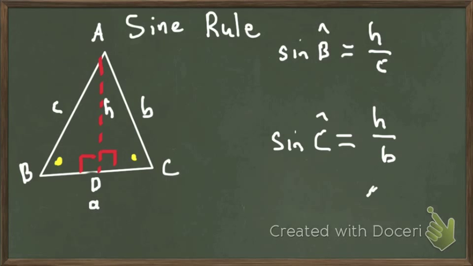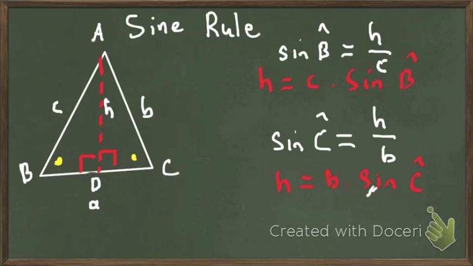Now this next step is quite clever. I'm going to make h the subject of the formula in both of these. So if I take, for example, the sine of B is h over c, I can write that h is equal to c times the sine of B. And over here I can write h is equal to b times, getting a bit messy here, the sine of C. Okay, stop for a moment and think about that.